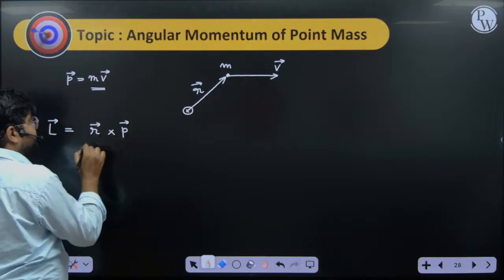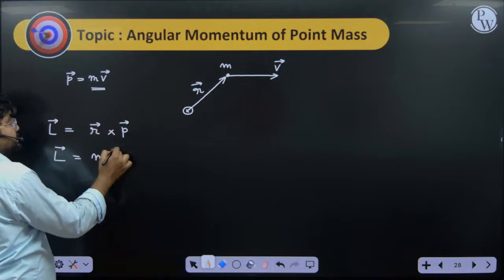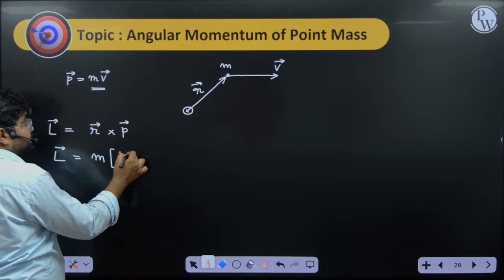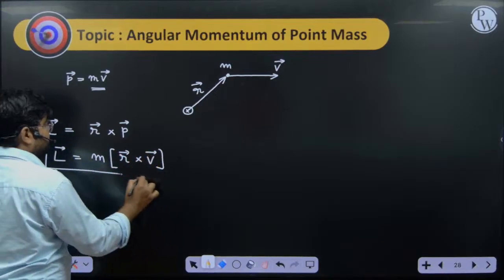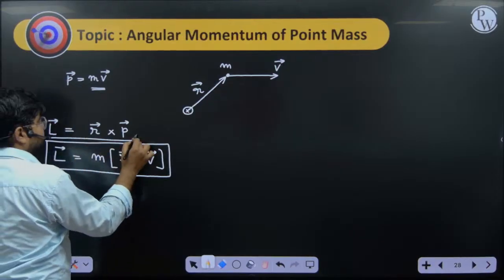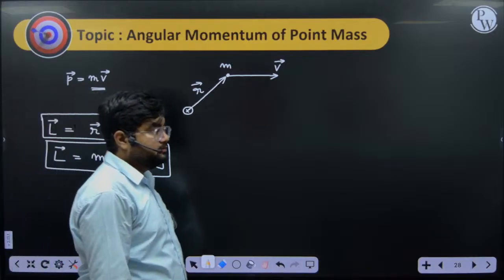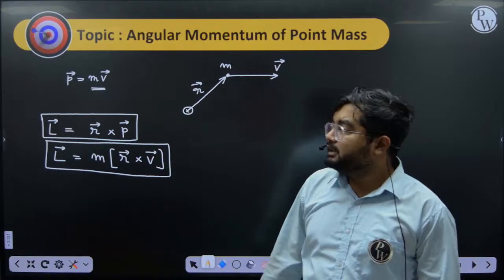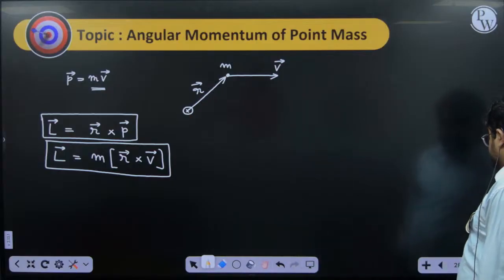So if you put that value here, we can also take m outside and write it in this manner. This is also completely correct. Angular momentum for a point mass.